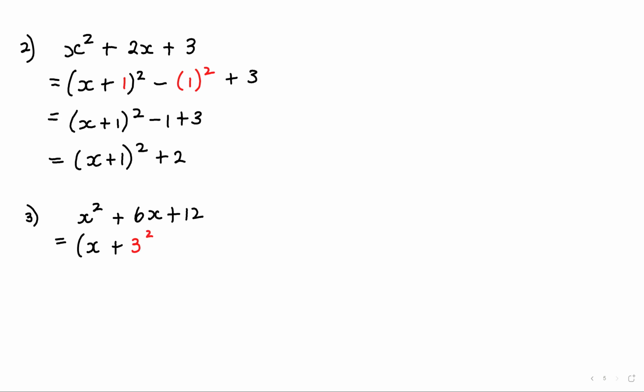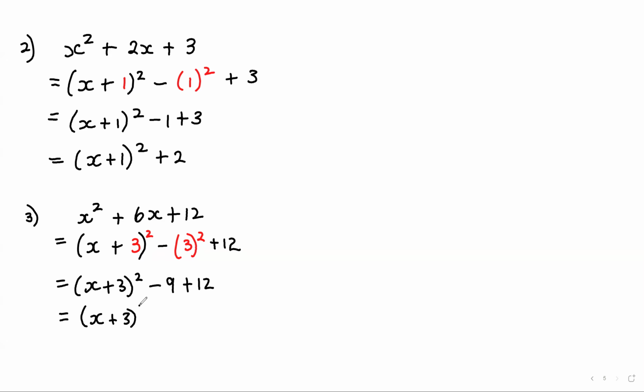You put your brackets, and then you take away that 3², half of b squared, you bring down the plus 12. So this would be (x + 3)², take away 9 plus 12. Negative 9 plus 12 is actually positive 3. So this will be (x + 3)² + 3.